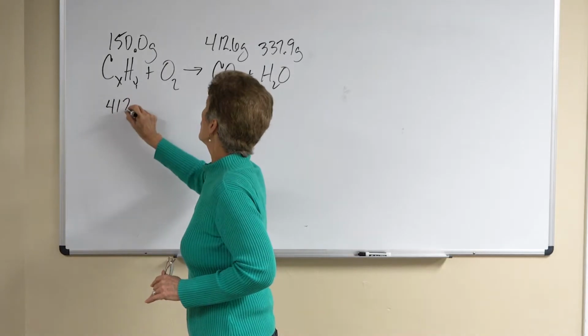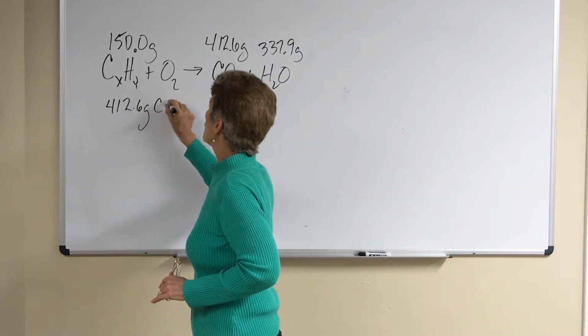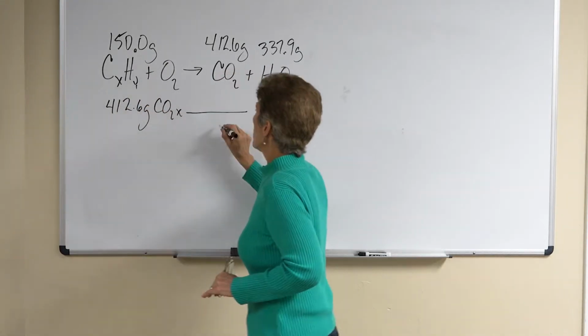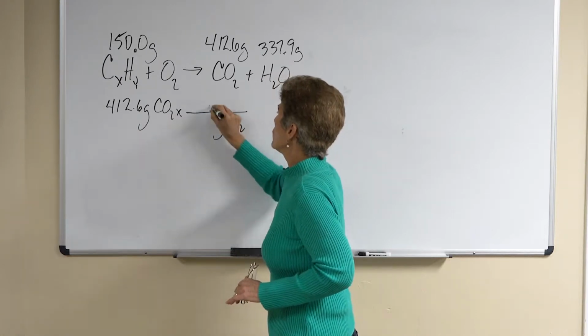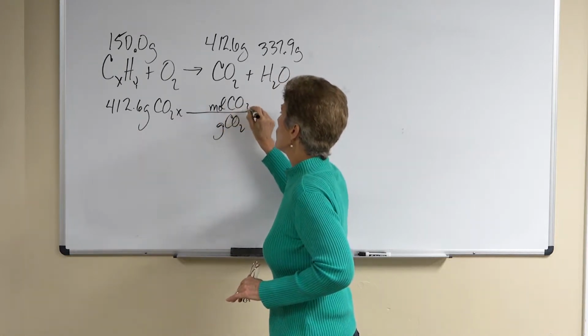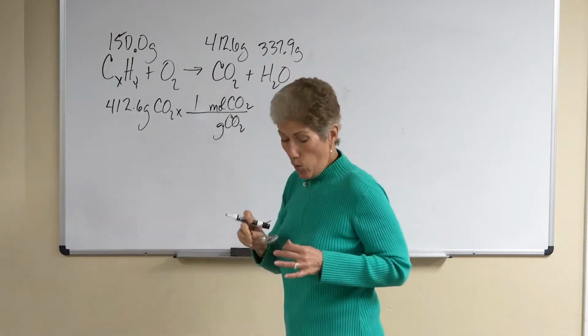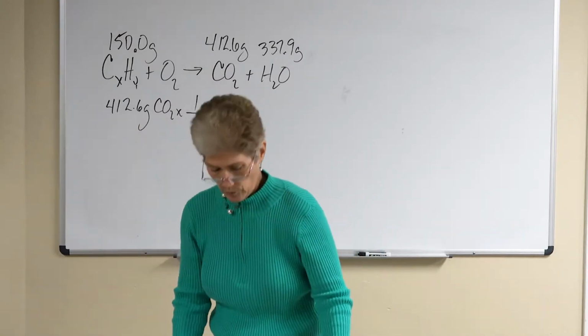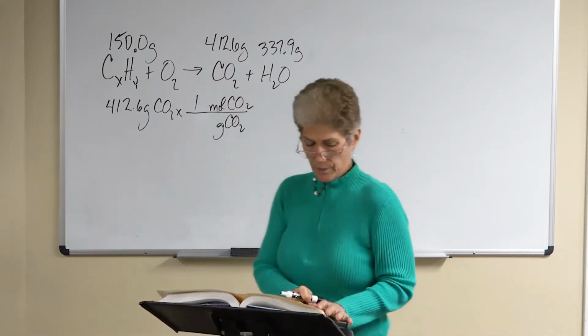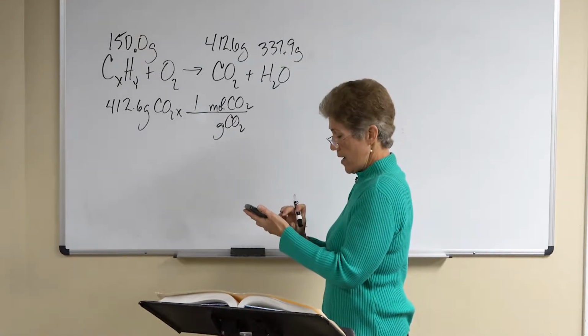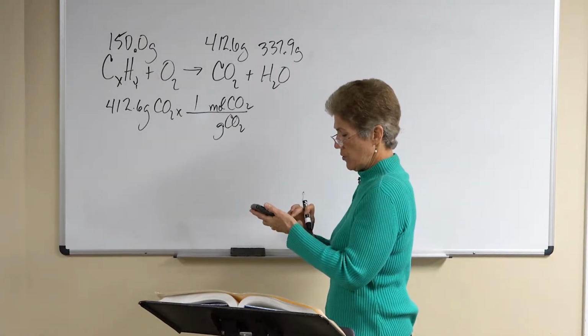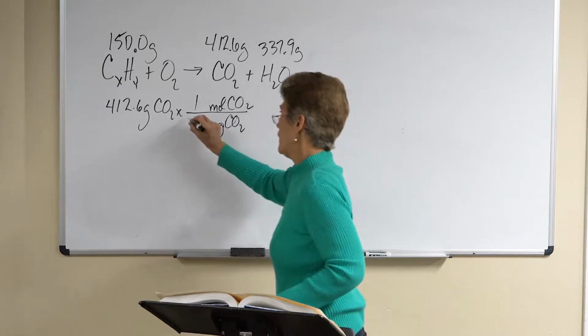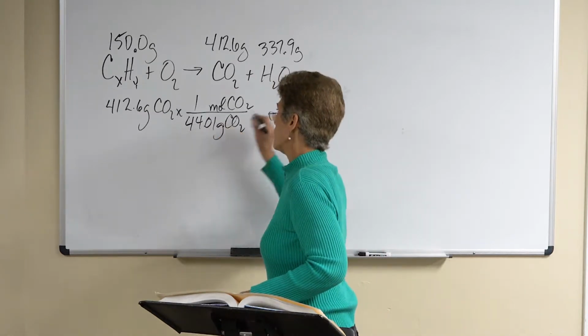So we have 412.6 grams of CO2 times line, grams of CO2, moles of CO2. We know that in any 1 mole, we have 32 plus 12.01 equals 44. Should have that memorized by now. Okay.